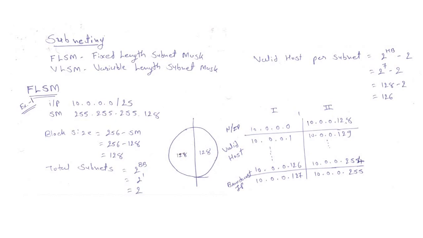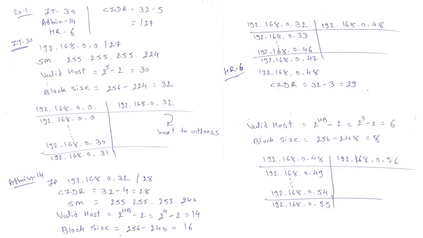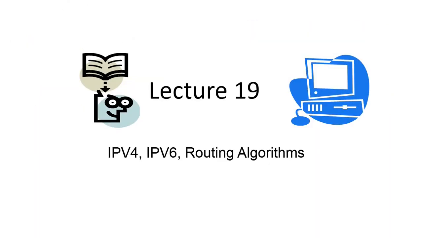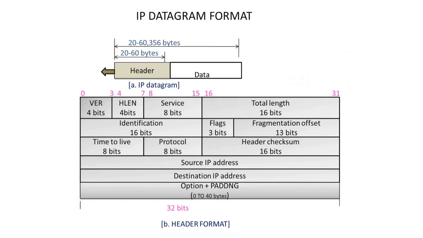In case of variable length subnet mask, one more variation is CIDR, classless interdomain routing. Today we are going to discuss Internet Protocol version 4, Internet Protocol version 6, and a few routing algorithms. So let's start with Internet Protocol version 4.